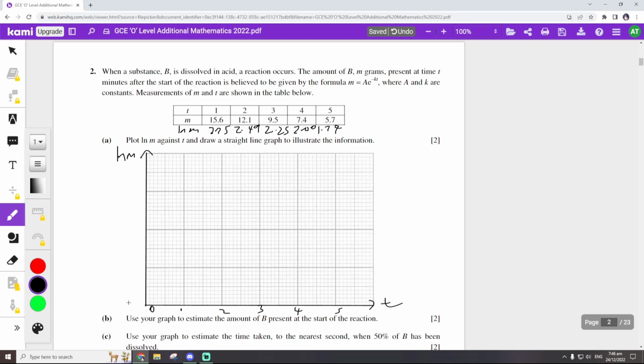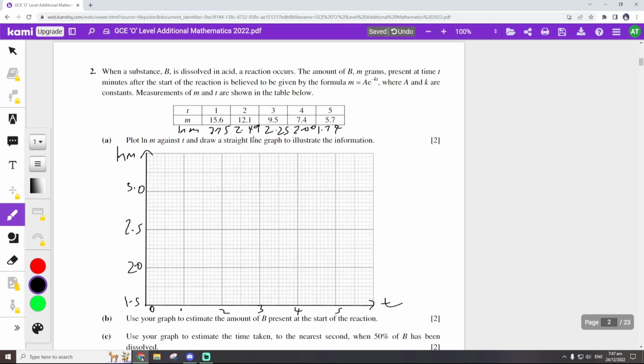We do not need to start the axis from 0, so I will do 1.5 here, and I'll go up to 2.0, 2.5, and 3.0. You can see that I have divided each of the small squares into 0.05, so you can go up to half the smallest division.